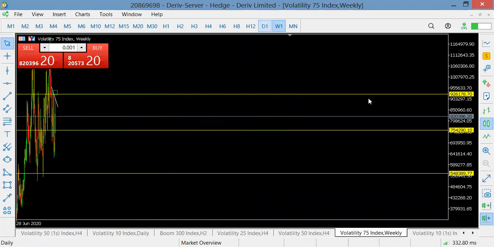All this pullback happening are just retests of some zones, some levels on this chart, to continue bearish. And I speculated that I'll be looking at the VIX 75 Index push to the downside and at least get into this zone.